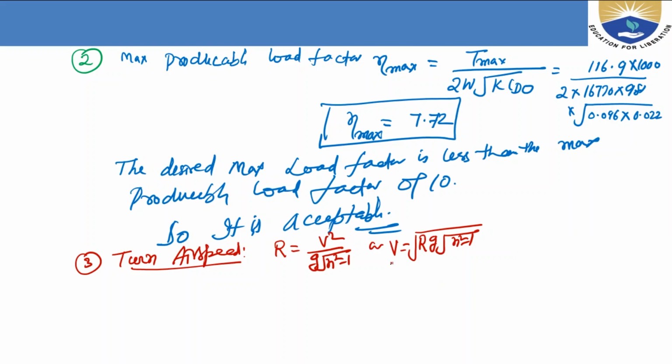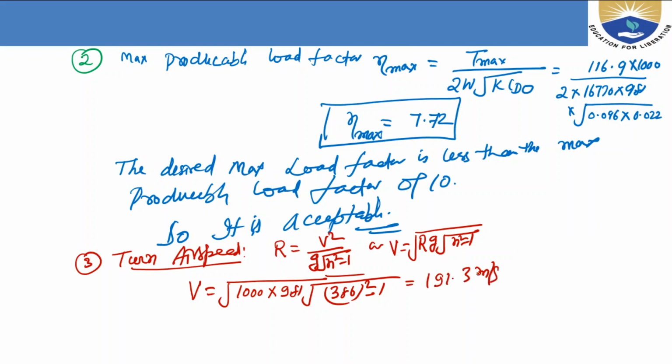So if you put in the values, V is equal to under root of R equal to 1000 meters, 9.81 g, times under root of 3.86 squared minus 1. You will get this velocity, 191.3 meter per second. So this is subsonic velocity, so CD naught of 0.022 is used in this.